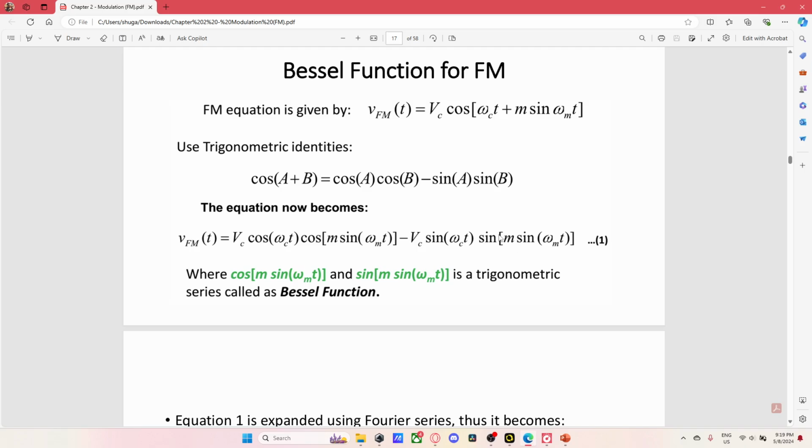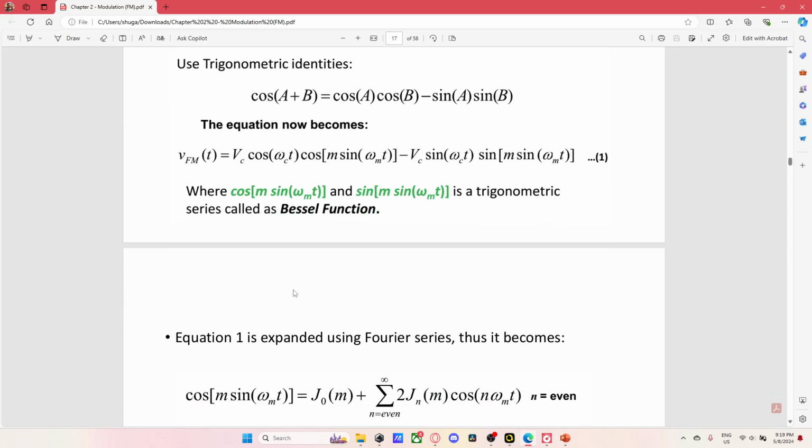The other side over here is a trigonometric series called the Bessel function.